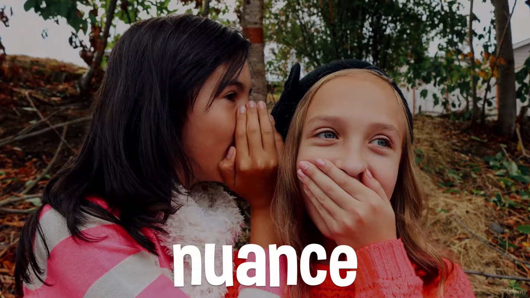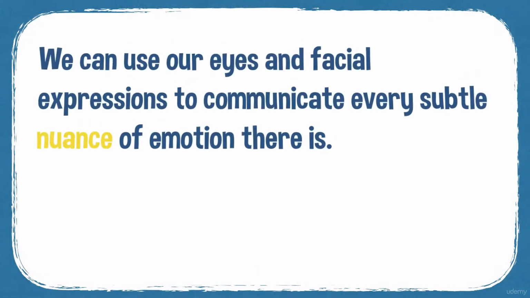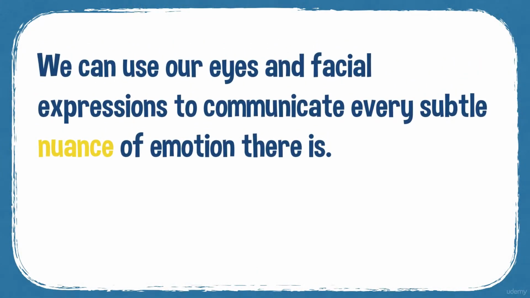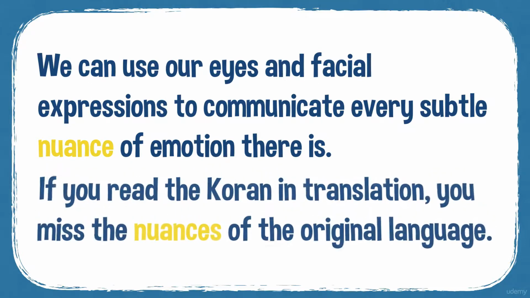She's whispering. She's giving a nuanced view, a nuanced impression of something. We can use our eyes and facial expressions to communicate every subtle nuance of emotion there is. So if you raise your eyebrows, you're conveying surprise. It's a subtle nuance of meaning.